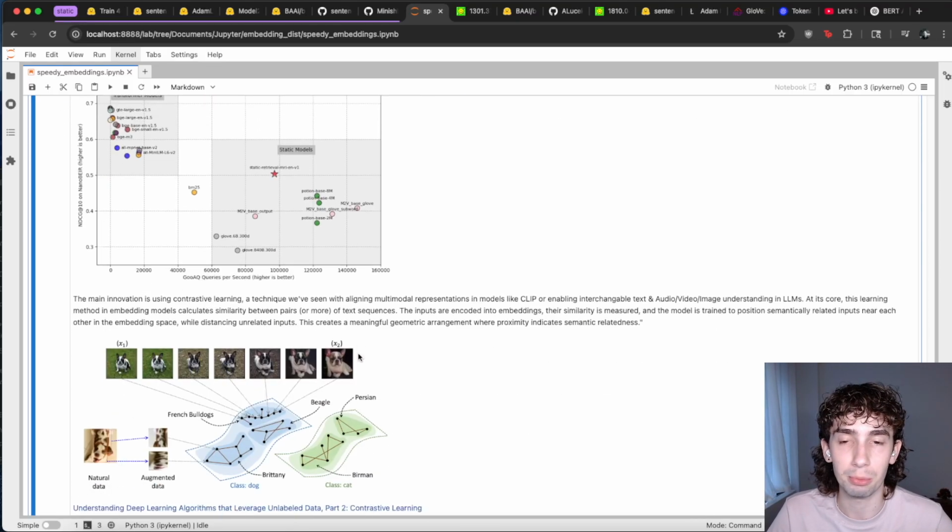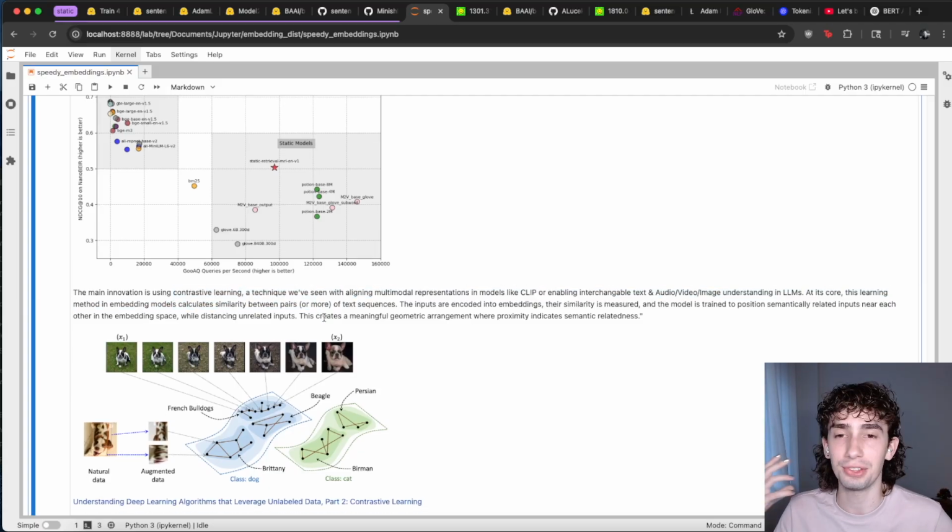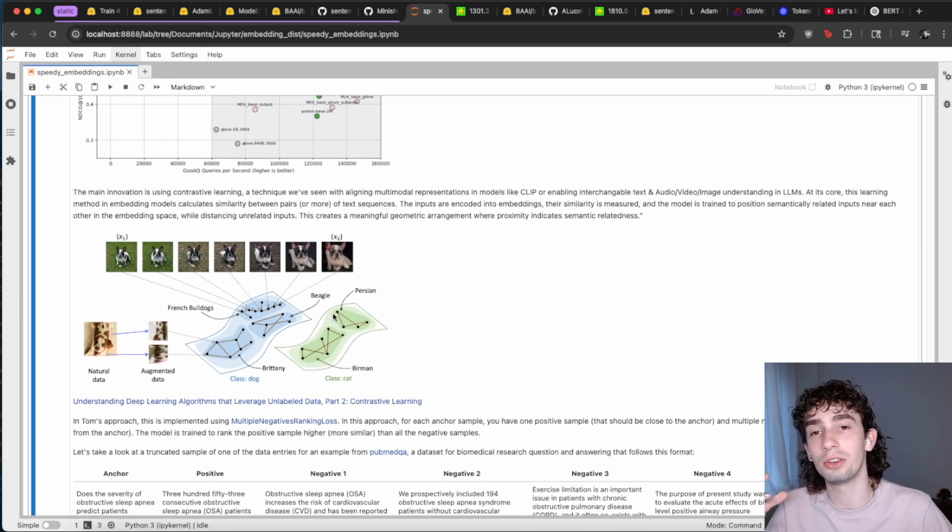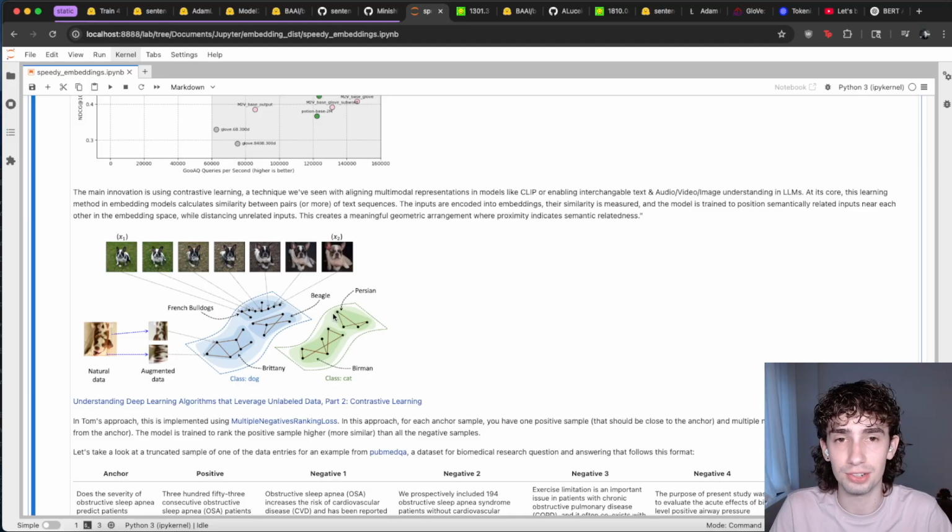Now, on top of just having more modern data sets, the biggest innovation is actually using contrastive learning. This is something that we've seen generally used with aligning multimodal representations with things like contrastive language-image pre-training models, or CLIP models, that are able to represent both text and images together in one space. And this is also kind of what's powered the interchangeability and understanding of things like audio, video, and image understanding in language models.